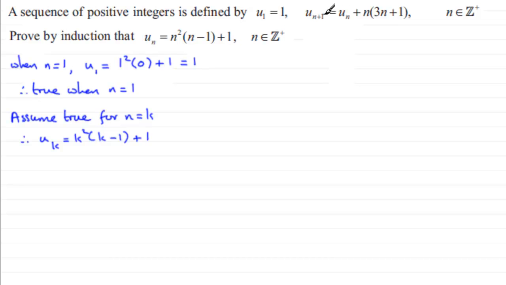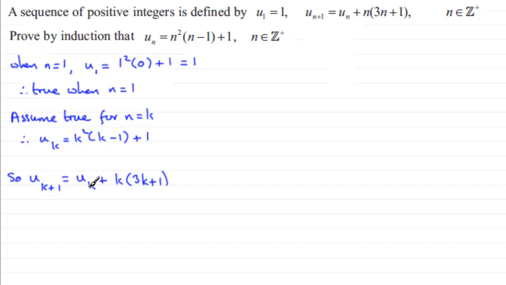And to do that, I know this statement is defined, so we can work with it. So we know that u(k+1) is going to equal uk plus, then n is k here, so that's k times (3k + 1).